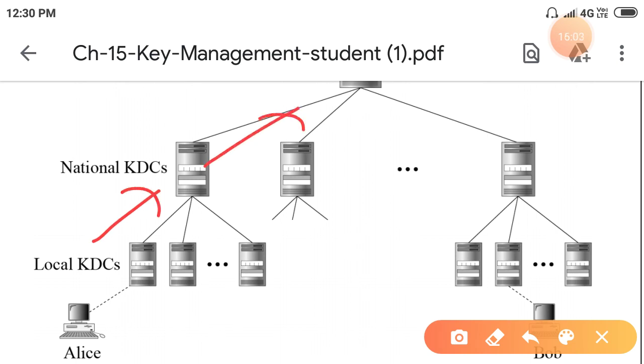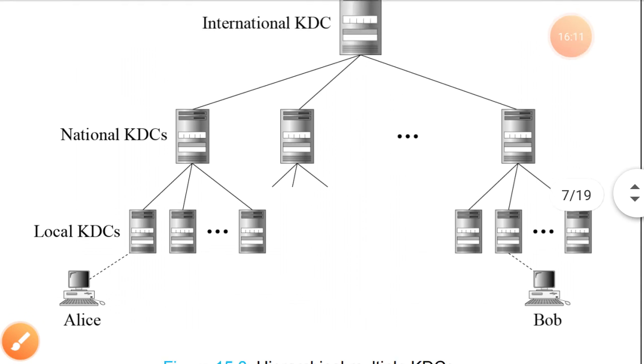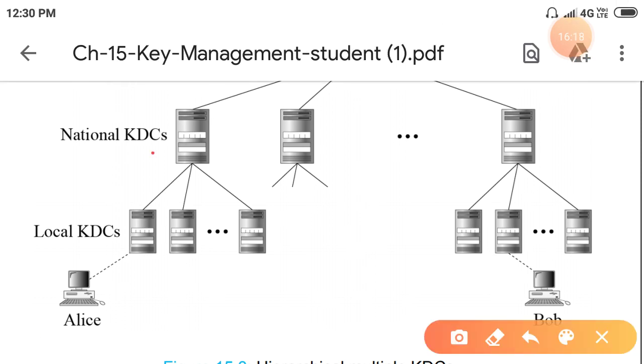So Alice sends a request to the local KDC, which relays the request to the national KDC. Next, the national KDC forwards it to the international KDC. Alice, local KDC, national KDC, and then international KDC, and vice versa.